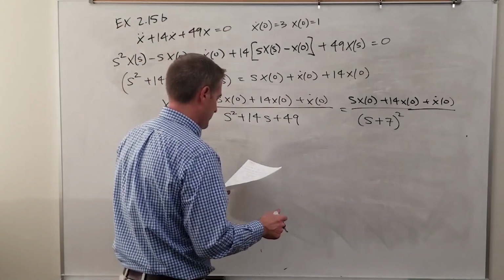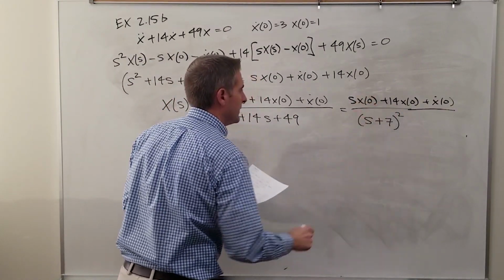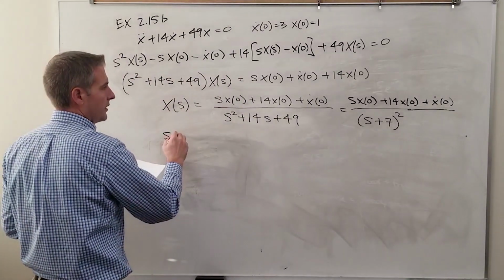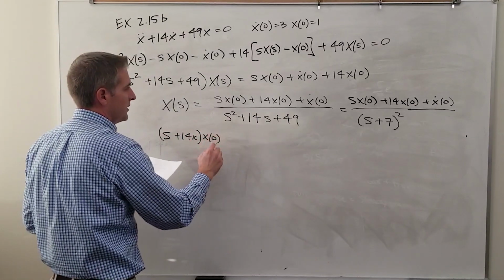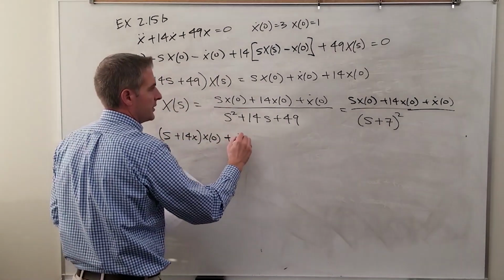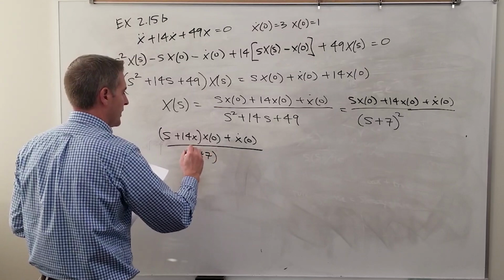Well, the first thing I'm going to do is take a look at this term right here. Okay, so we have s plus 14 times x0. That's just factoring out the x0, plus x dot 0, all over s plus 7 squared.